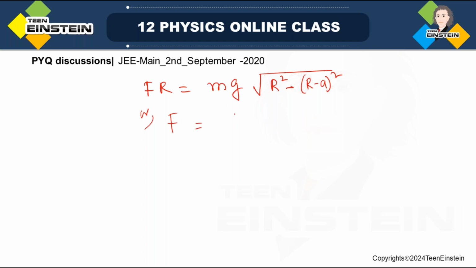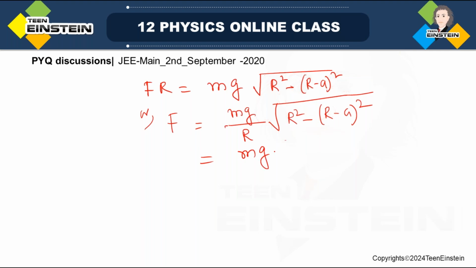F will be equal to mg by r times the square root of r square minus (r minus a) whole square. So this r I'll just multiply inside. Let me see how it comes. This has to be squared, and this will be (r minus a) by r whole square. This is actually the minimum force.